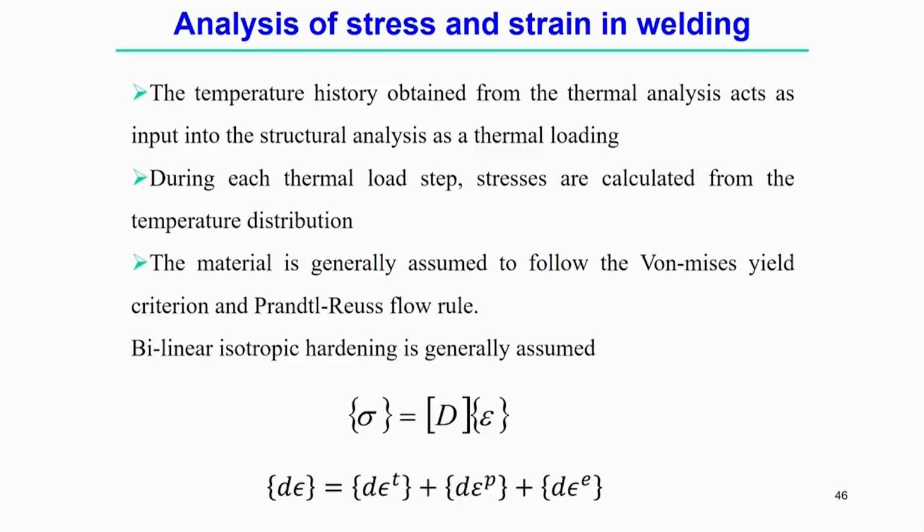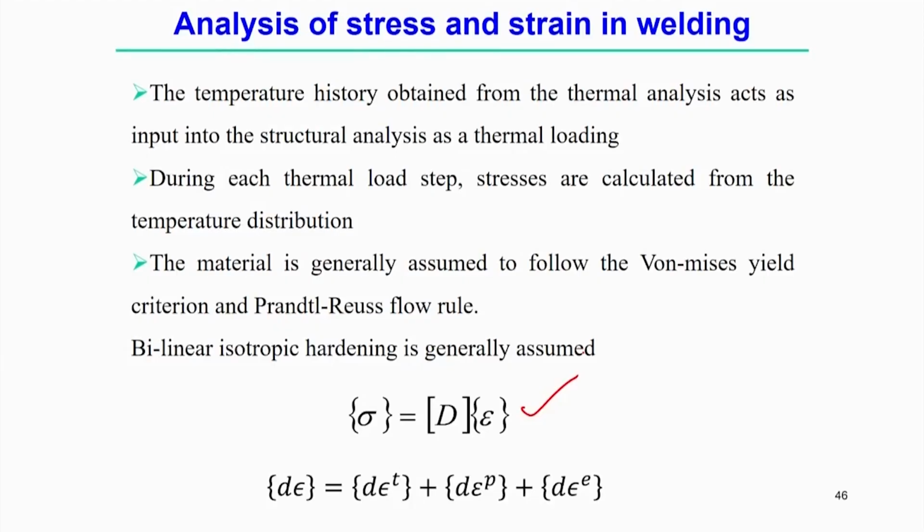So, for each thermal load step, stresses are calculated from the temperature distribution, and normally the material model follows the von Mises yield criterion and the Prandtl-Reuss flow rule, and of course, some hardening behavior we need to define if we do the thermomechanical analysis.